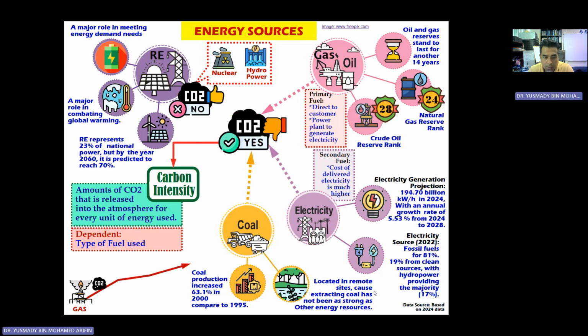For example, if you look at the amount of CO2 released, a gas energy source will produce less CO2. If you use oil or petroleum products, the amount of CO2 released will increase. And the energy source that releases the most CO2 to the environment is coal, especially in the power plant.